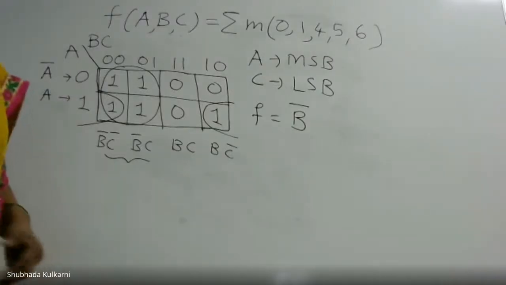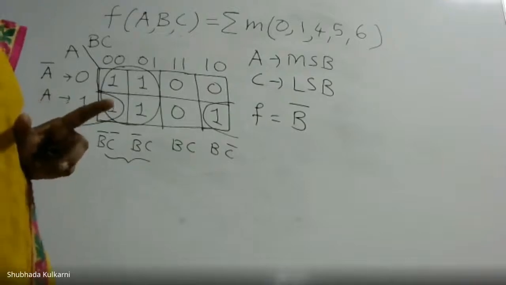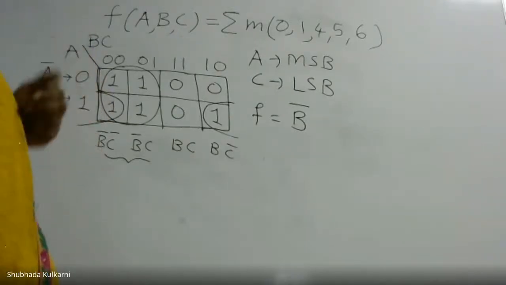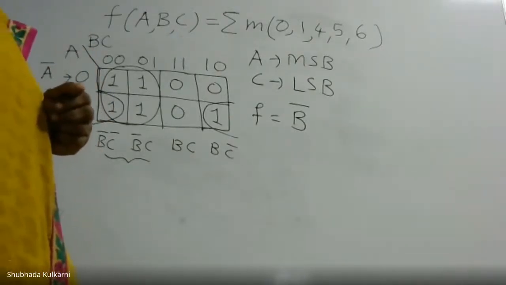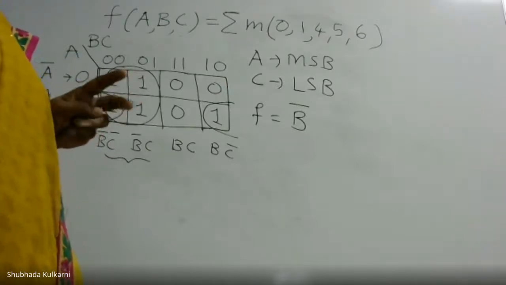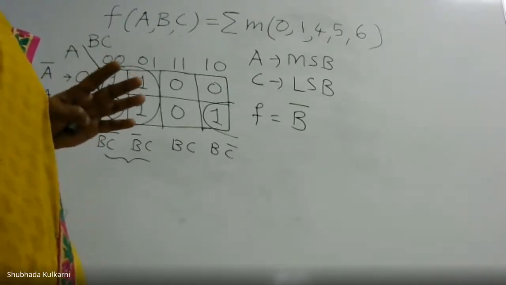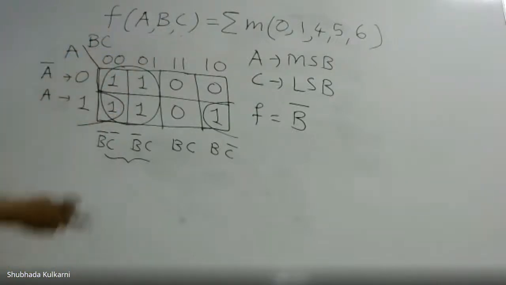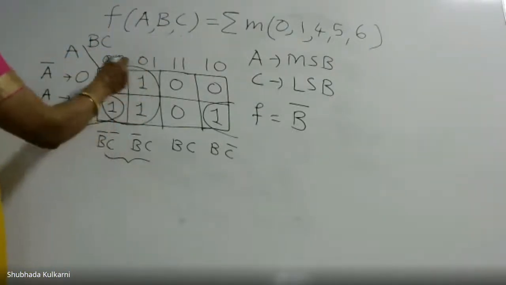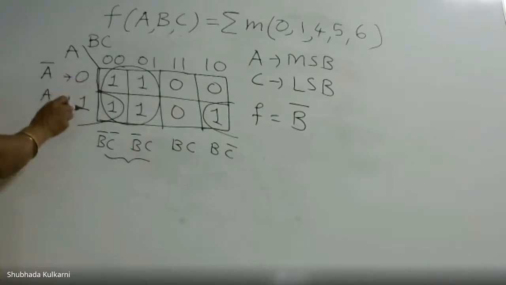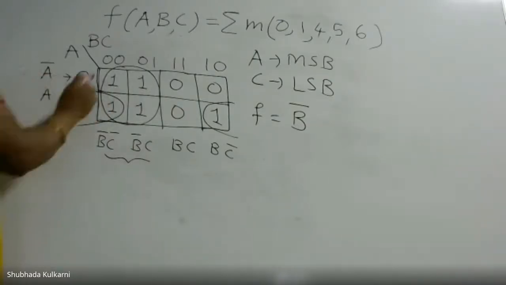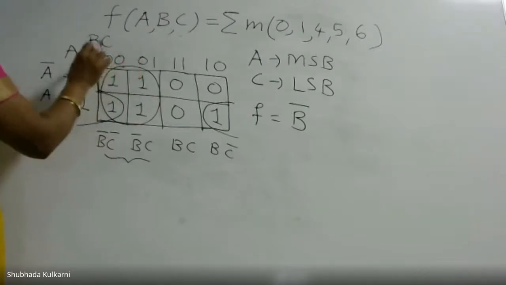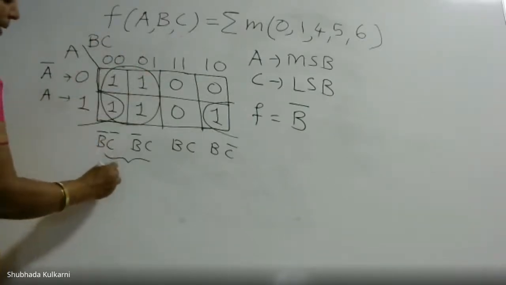Once again, I will repeat. The quad eliminates 2 variables from the given Boolean function. So out of A, B, C, 2 variables will go. Which variable will remain depends upon the group. What you need to check for a particular group is that if a variable is changing, it should be eliminated. So A is changing from 0 to 1. B is not changing, so B is 0 and that's why B bar.